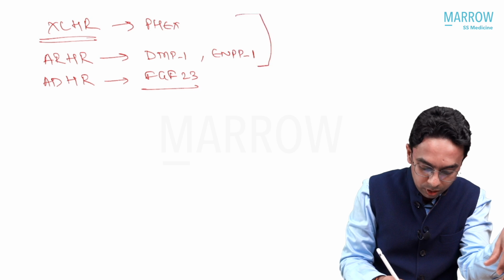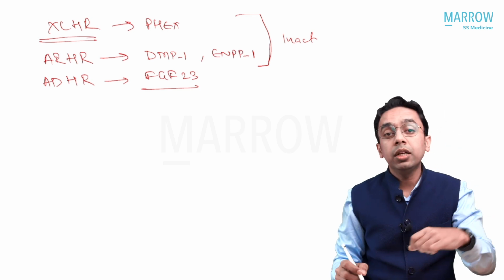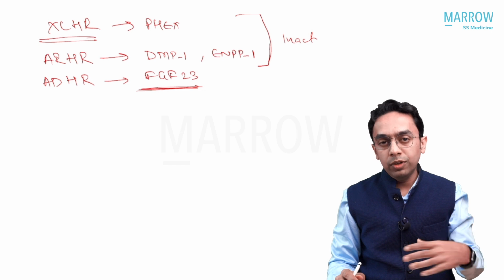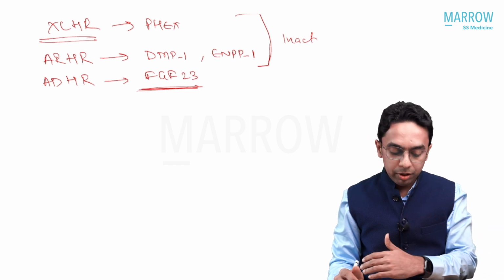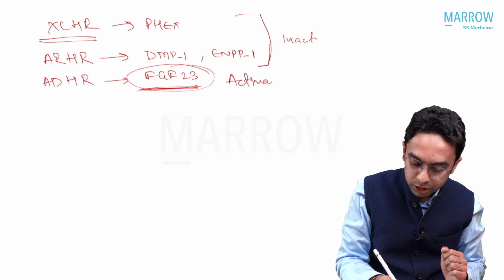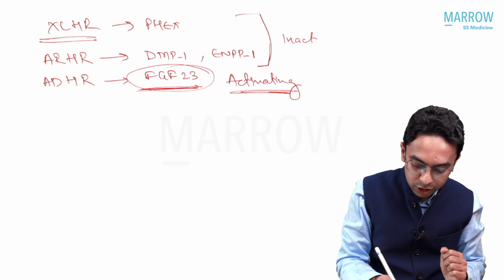These two inactivating mutations will cause hypophosphatemic rickets, and here we want more and more FGF23 to be formed, only then hypophosphatemia would be there. So autosomal dominant is by activating mutation of FGF23.